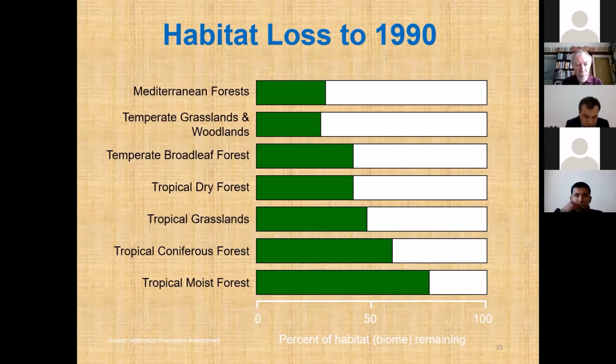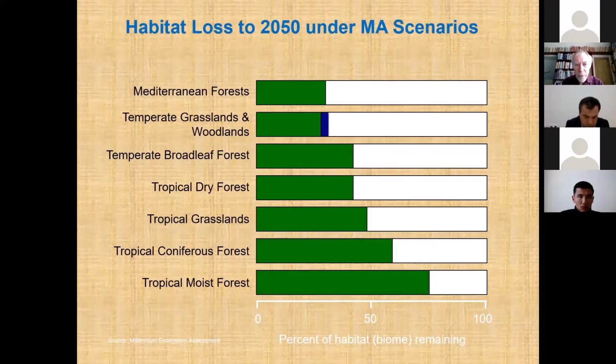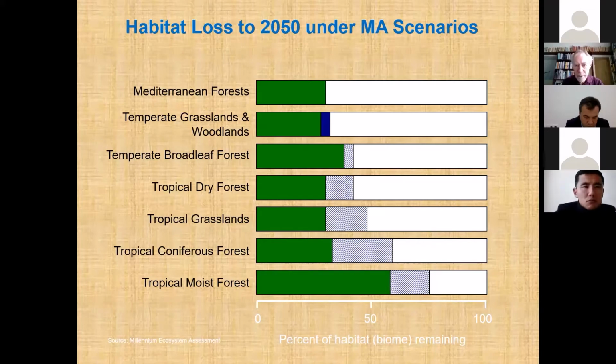Mediterranean forest is not much at all. In some other parts, it's a little bit better, but it's on the average closer to 50% was gone. And you see it's expected to increase in the future. So it's much less, perhaps 25% or something in the future, if it continues like it does now.